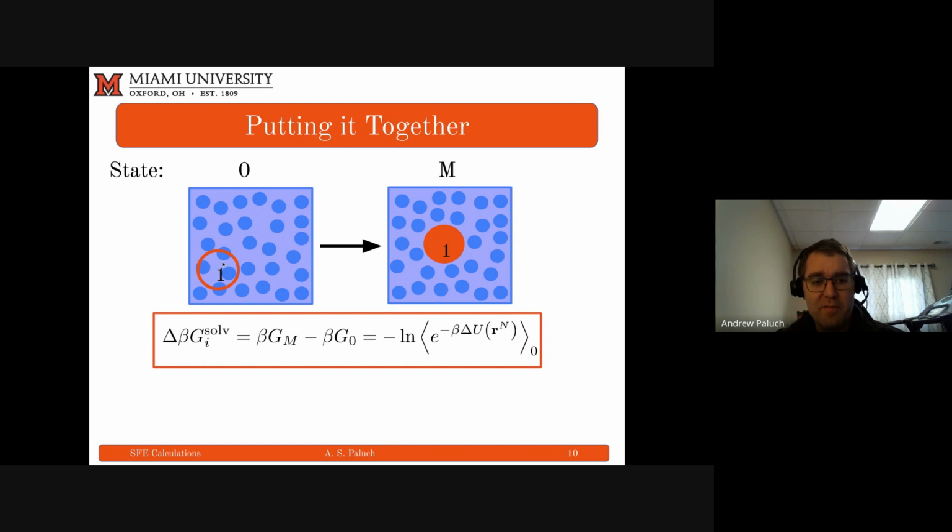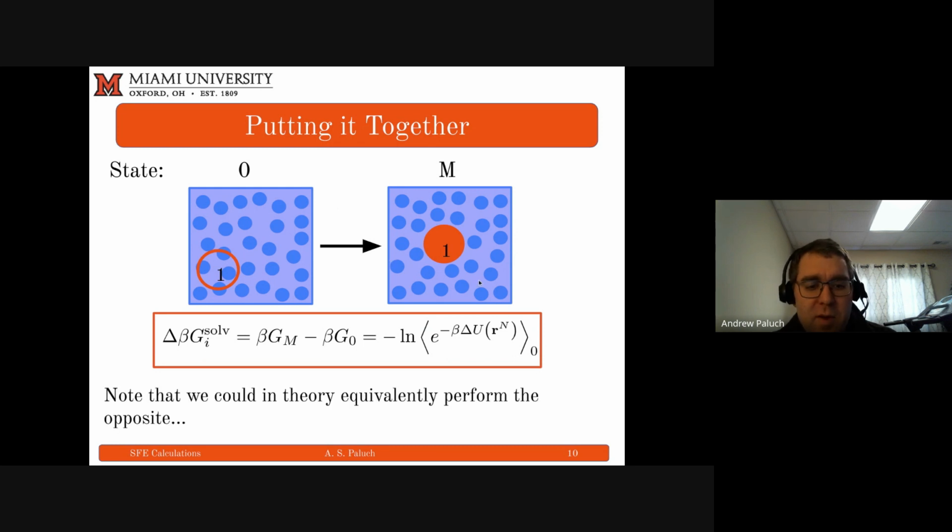If I had a configuration like this in which my solute's overlapping at all with my solvent, well, that's going to be prohibitive in my target state, right? So the probability of observing that state is going to be virtually zero. And so you run the risk of generating lots and lots of configurations which essentially contribute no weight into the configurational integral of that actual target state.